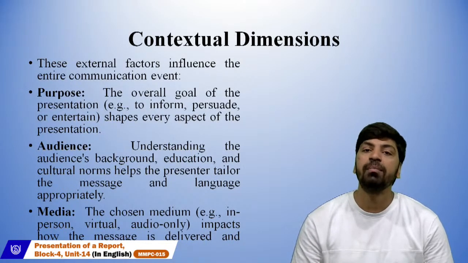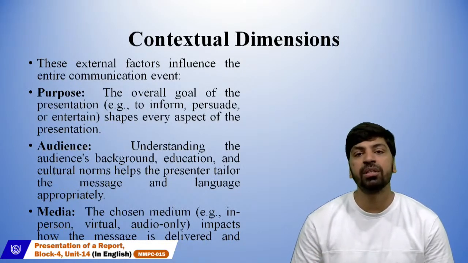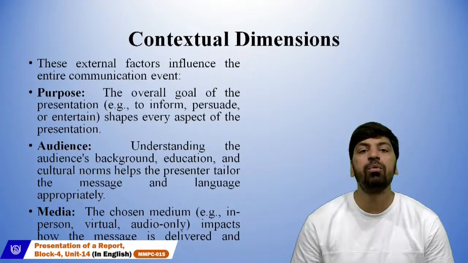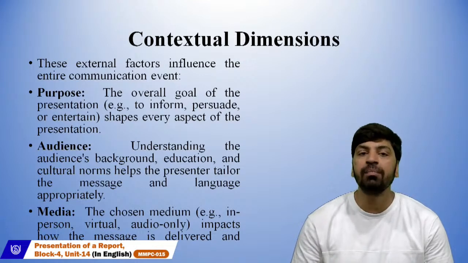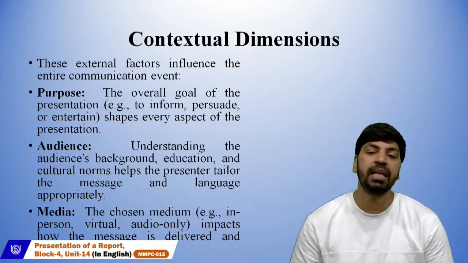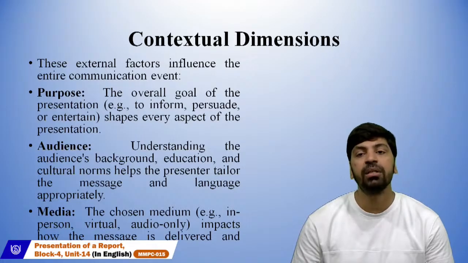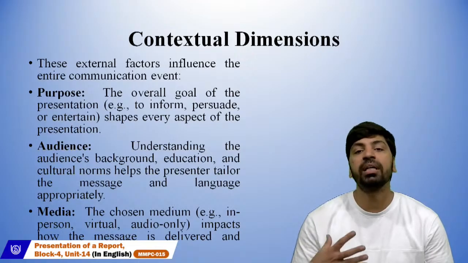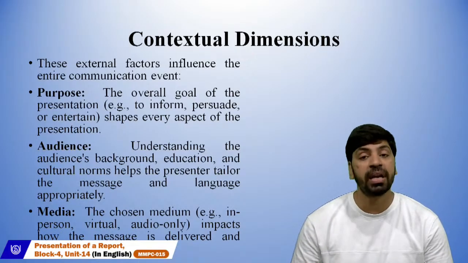Now we come to the next type of dimensions related to communication, that is the contextual dimensions. It is categorized into five parts. The first one is the purpose. The overall goal of the presentation is to inform, convince, or entertain, and it shapes every aspect of the presentation, which the presenter should show in an innovative, creative, and organized manner.